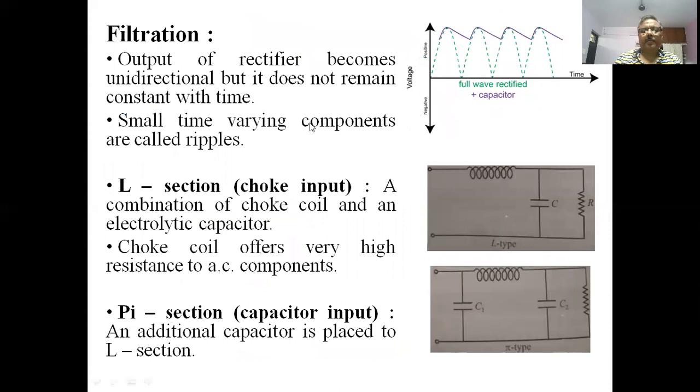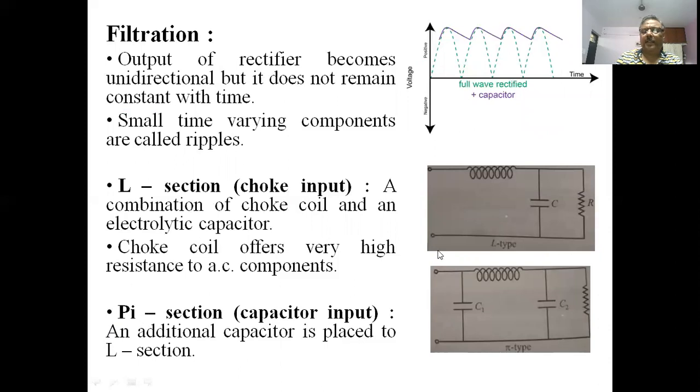For filtration, that is for the removal of the peaks, we have two options. The one is an L-type filter, that is also called the choke input filter. You can see this is a choke and this is a capacitor. This is making the shape of the English capital letter L. That is why it is called L section.